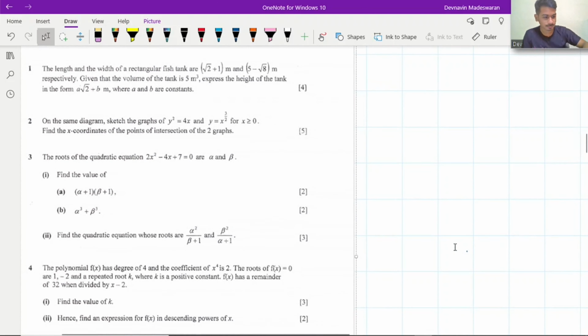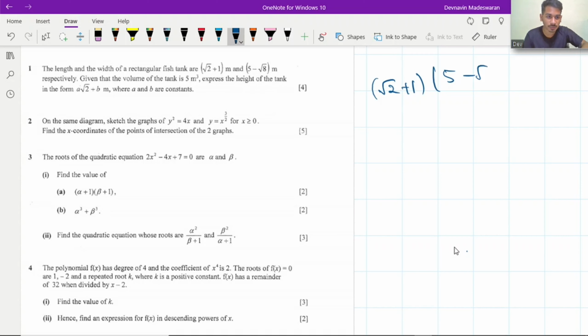All right, first question. The length and width of a rectangular fish tank is that and that. Given that the volume is 5, express the height in the form of that and that. So we have to find the base area, which is this times this, which is square root 2 plus 1 times 5 minus square root 8.